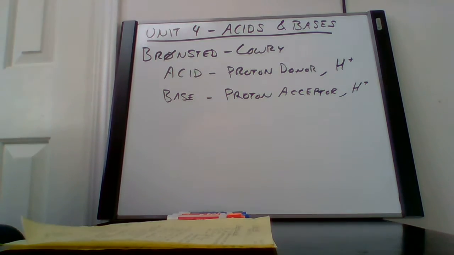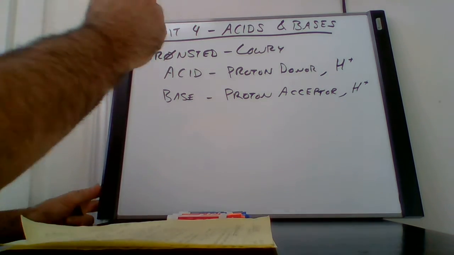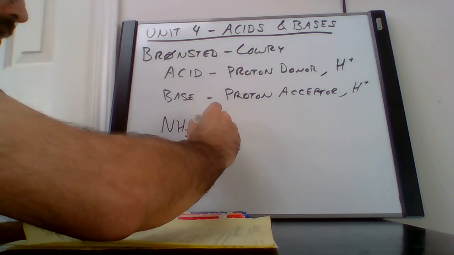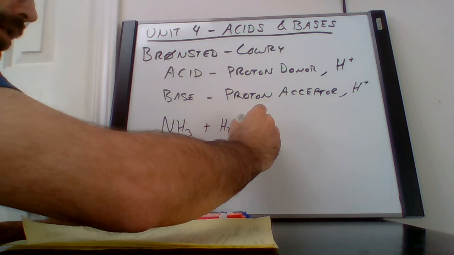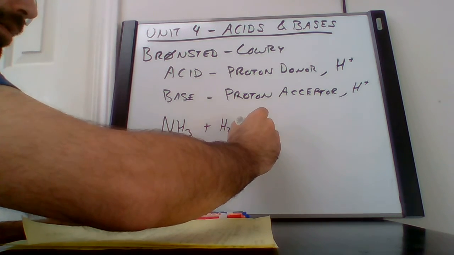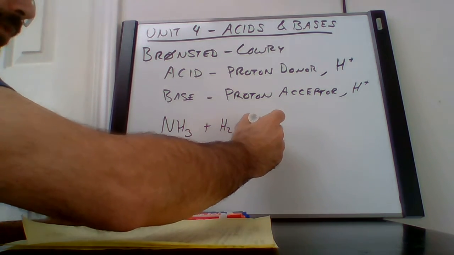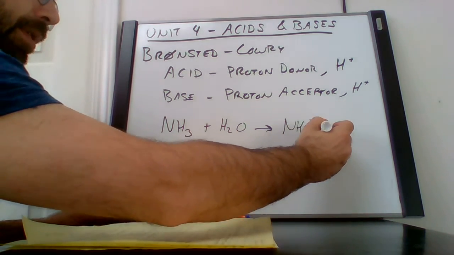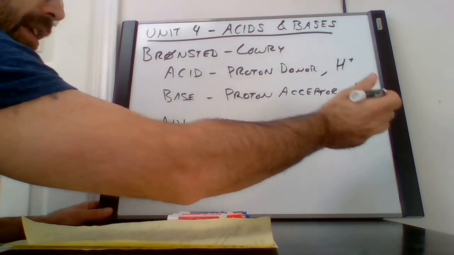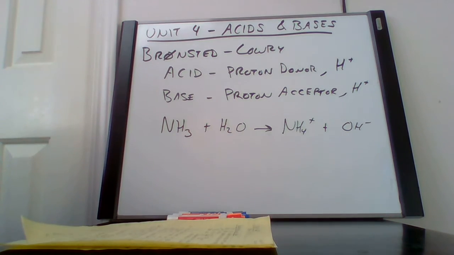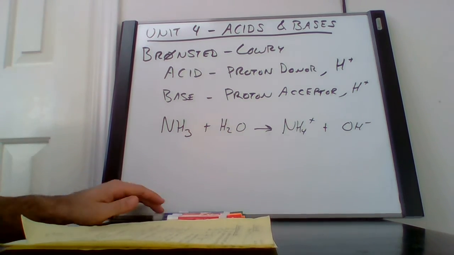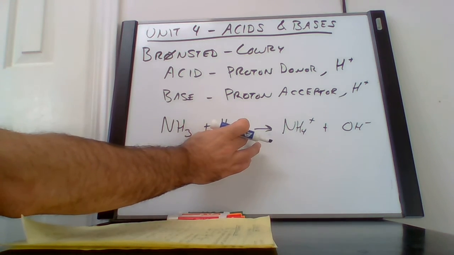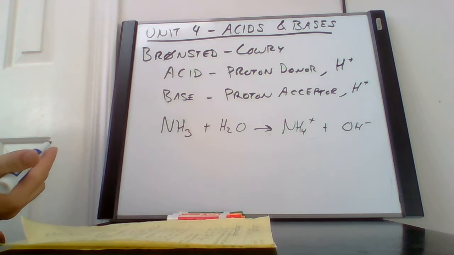All right, so I've asked you to consider that equation there where we've got ammonia plus water, okay, and from here we are forming then that ammonium, NH4+, and that hydroxide, that OH-. Okay, and so what we're looking at here is, in this situation, it's actually the water that's donating our proton.